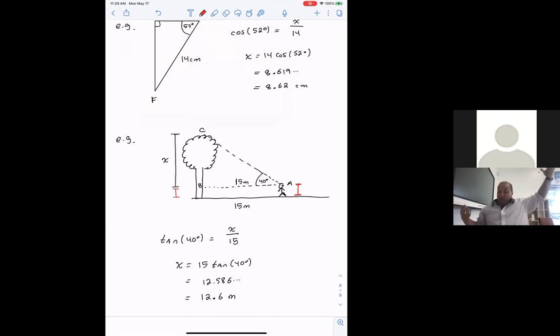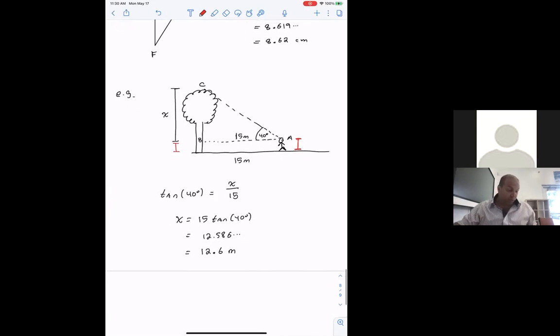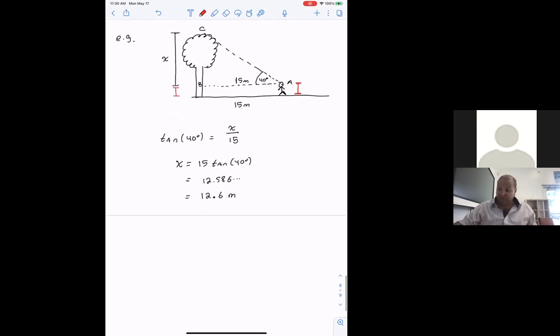When you're dealing with 12.6 meters, if you're off by a couple centimeters, not the biggest deal, but you can also take that into account if you know eyes to top of your head. Essentially what you need is her height. You take her height, maybe subtract a few centimeters, add it to 12.6 meters, and that will give you the height of the tree. So hopefully that makes lots of sense.